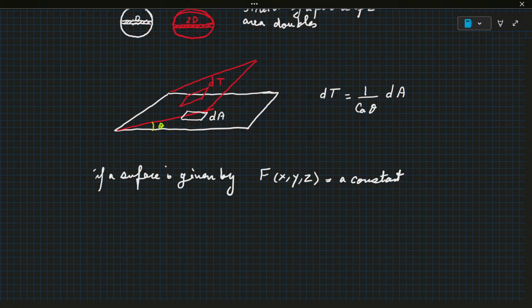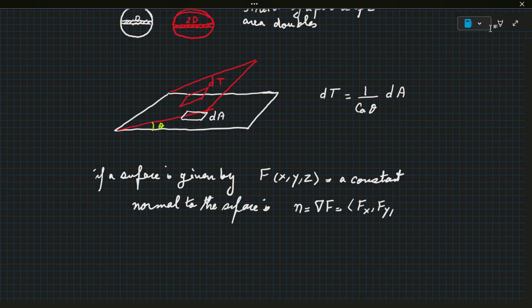Then the normal to the surface is given by the gradient of f, which is fx, fy, and of course fz. That's going to play the normal.